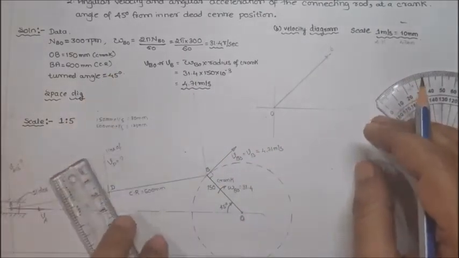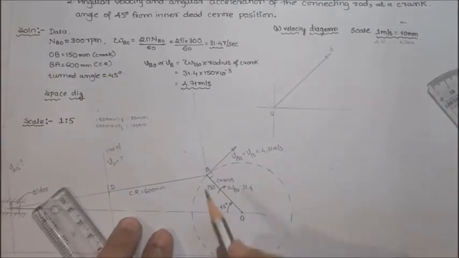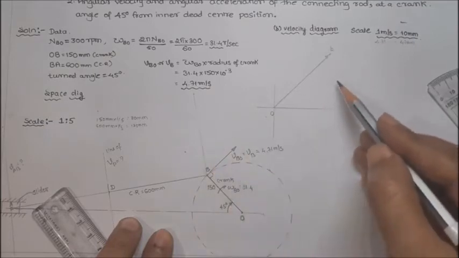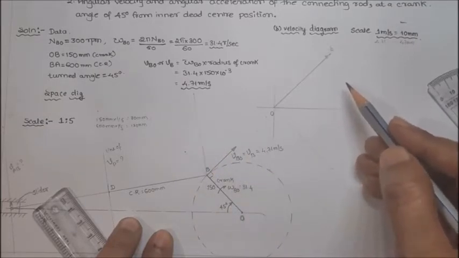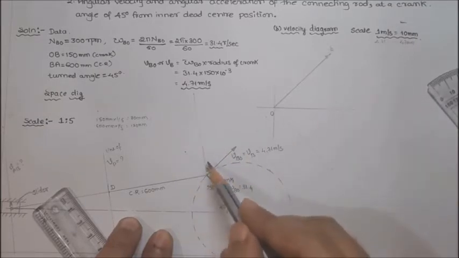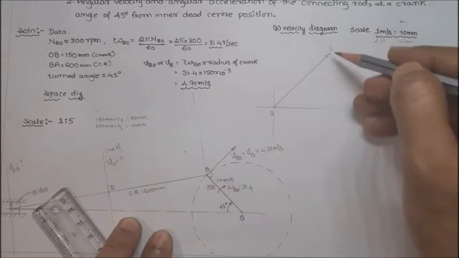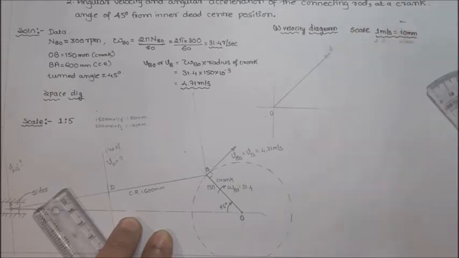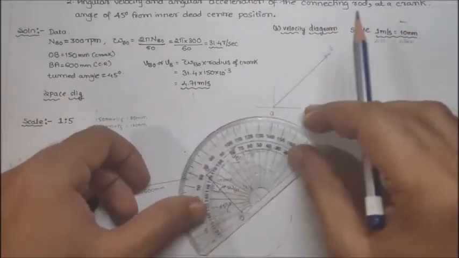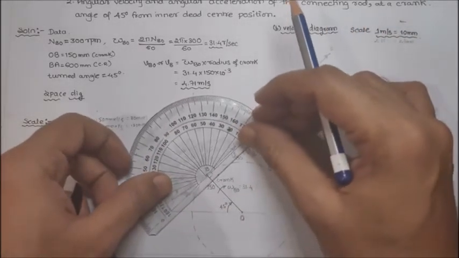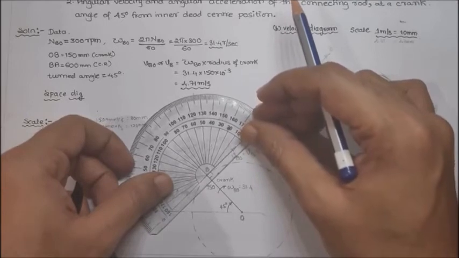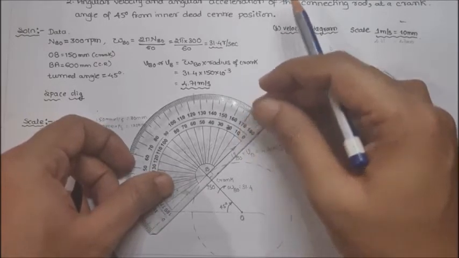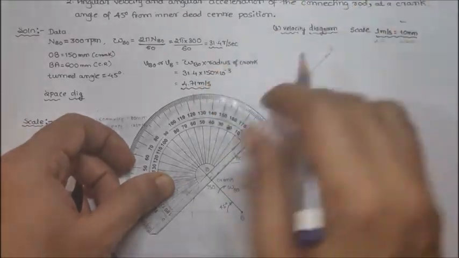Now we have to add this line here. For that what we require is to measure this angle, so that this extended line can be used, and from there we can measure the angle. So we'll keep our protractor here. So measurement is around 55 degree.